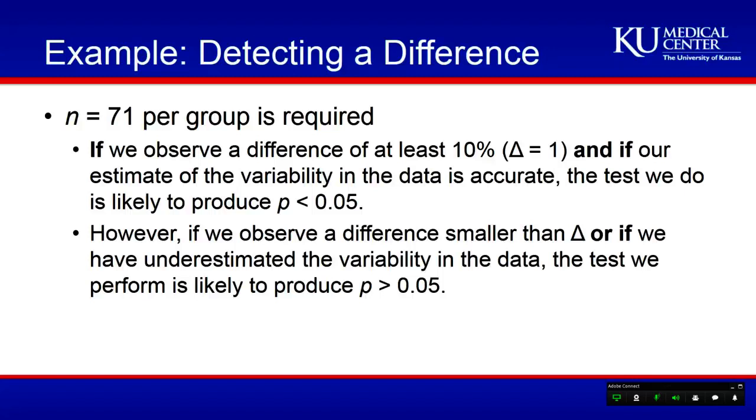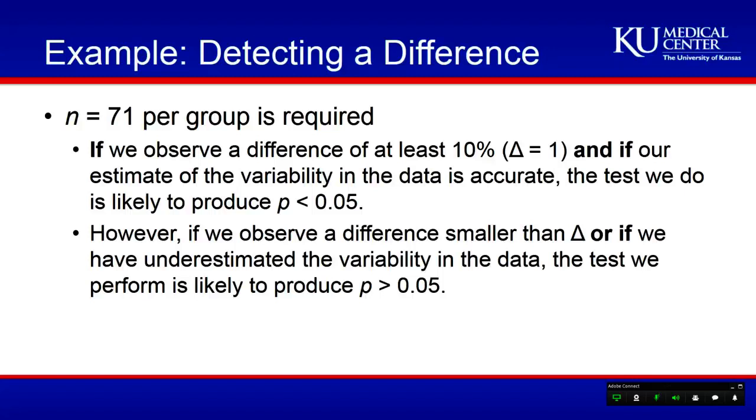if you do your data analysis and you observe a difference of at least 10%, and all of our other assumptions about the data prior to doing the experiment kind of play out, then that difference of 10% is really likely to produce a significant result.